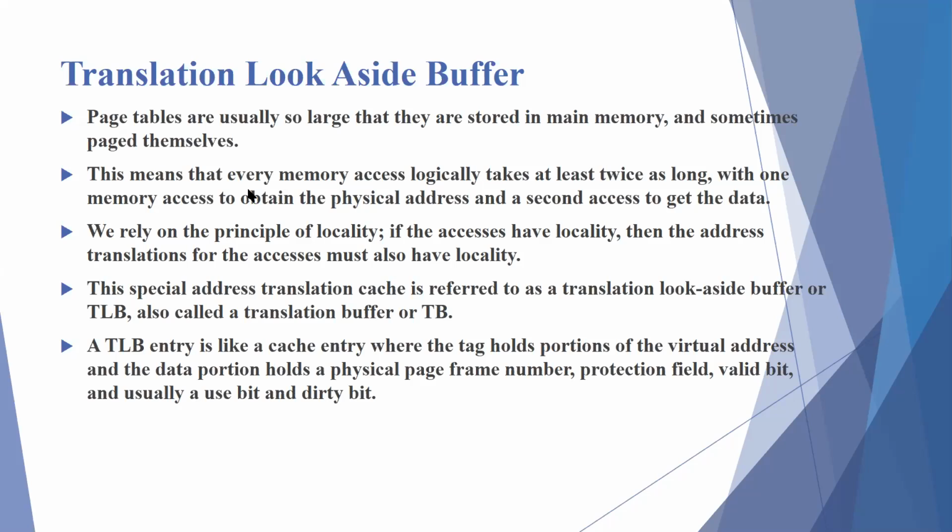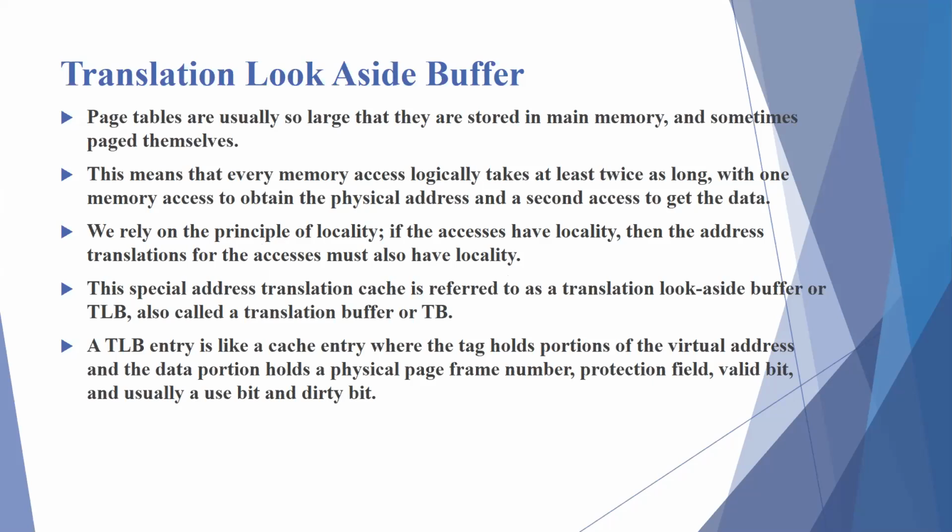And this means that every memory access logically takes twice as long, with one memory access to obtain the physical address and a second access to get the data. Therefore, we rely on the principle of locality. If the addresses have locality, then the address translations for the accesses also must have locality.